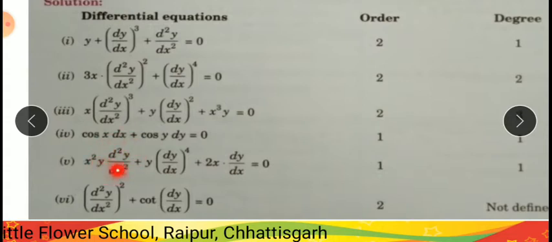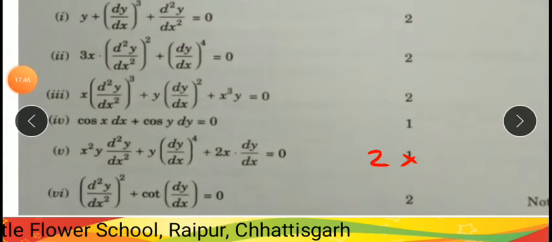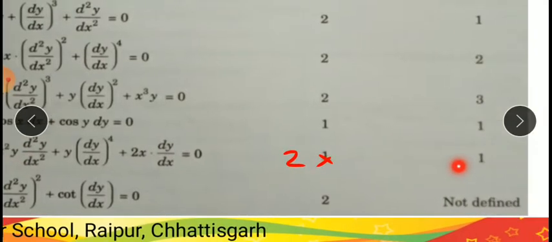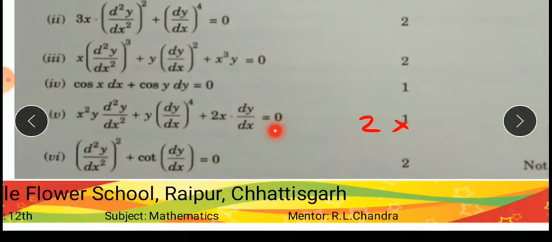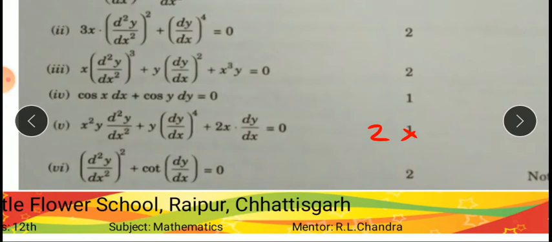Understood? Here plus y (dy by dx) whole power 4 plus 2x dy by dx is equal to 0. Here you can see that this is d2y by dx2. It means order is 2 but its whole power is 1. Therefore degree is 1.